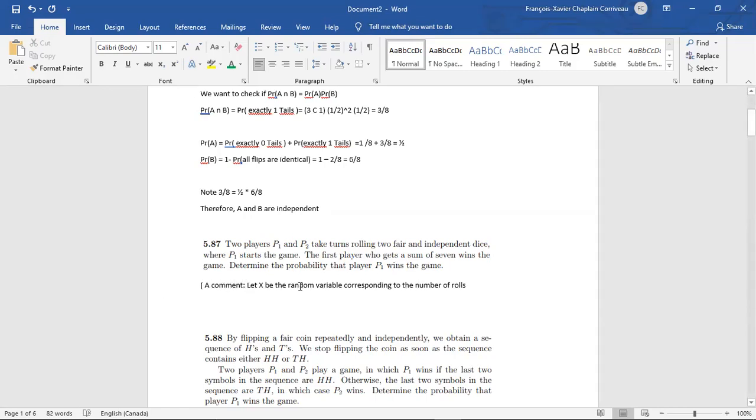If you know this, it tells you what kind of probability you should be looking at. So let X be the random variable corresponding to the number of rolls that player 1 makes.